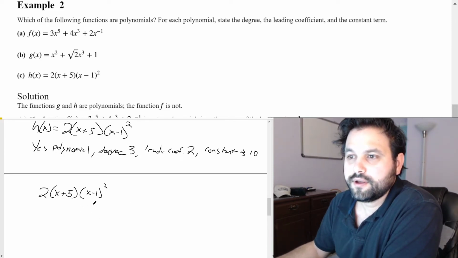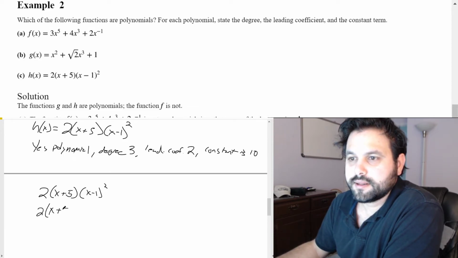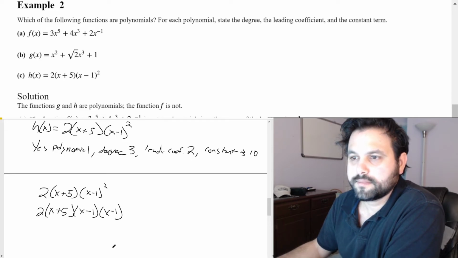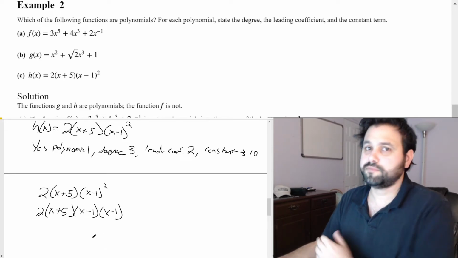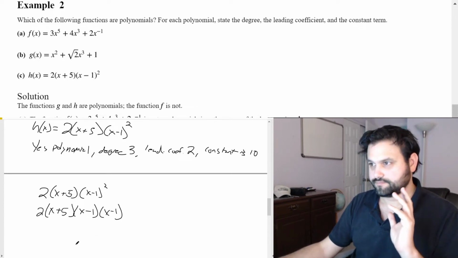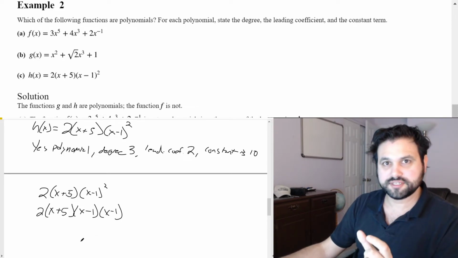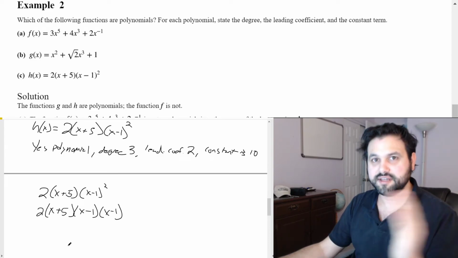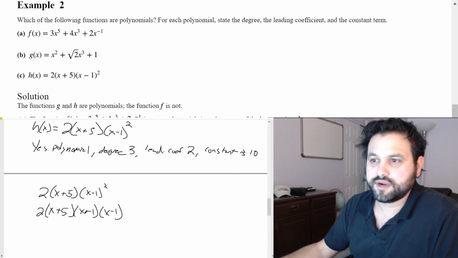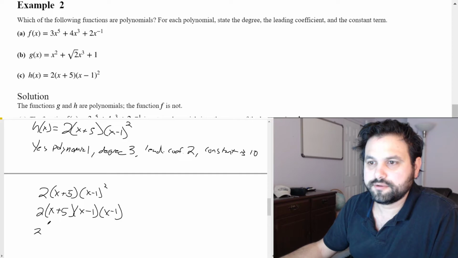So I'm going to write it as x minus 1 times x minus 1. And now this is just multiplication. So just start multiplying two things together and then multiply everything else after that. So I'll square this here, just kind of go in order.